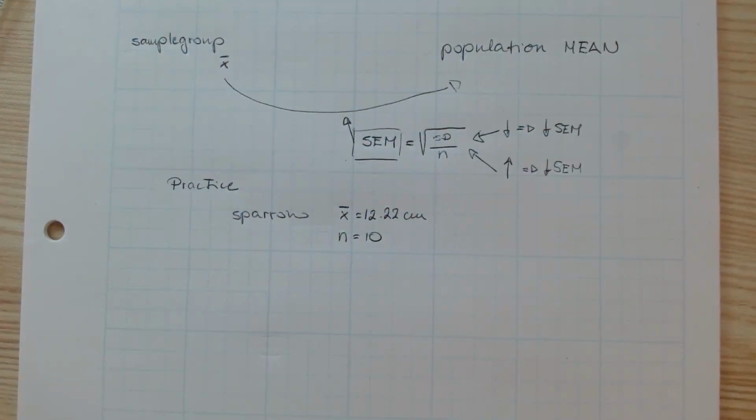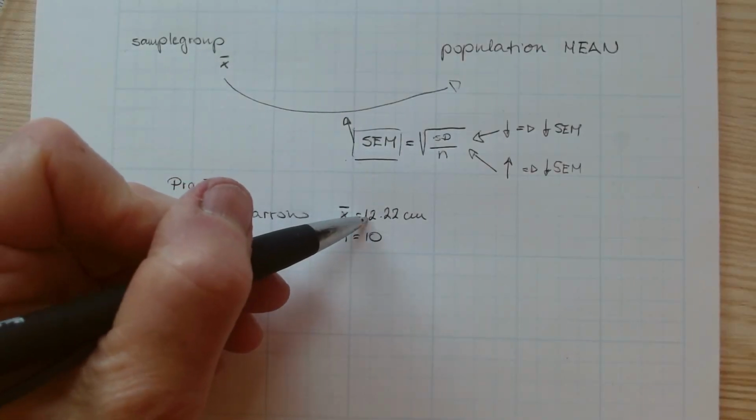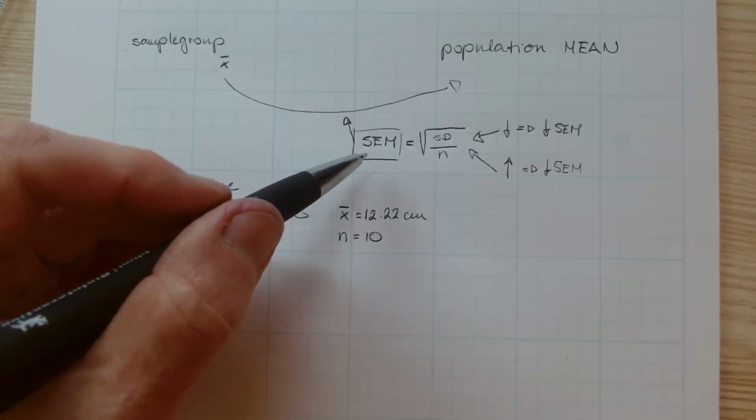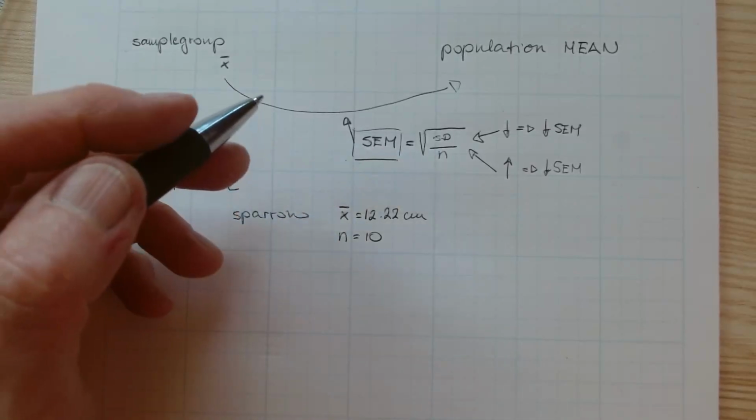The question is, how much is that true for the entire population of the sparrows all around the world? Can we say that this is really true for the entire population as a mean value? That's where the standard error of the mean comes in handy.